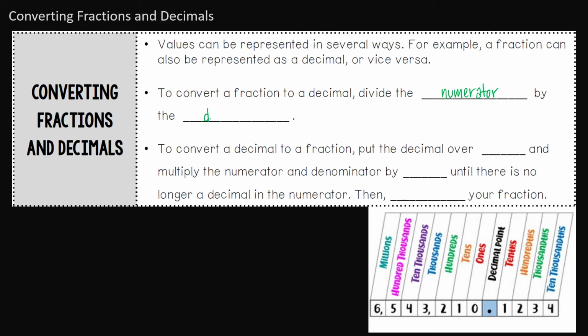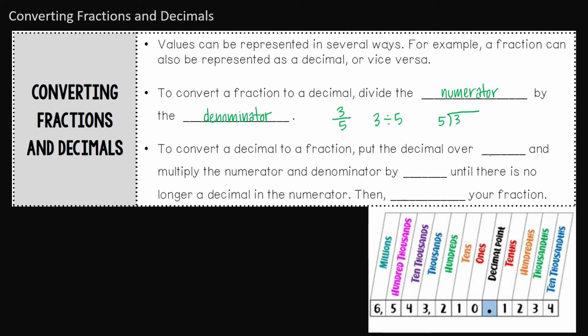And remember, the denominator is the bottom part of the fraction. So for example, if we had the fraction 3/5, that means we are going to be dividing 3 by 5. And if we were going to do long division, which we will, it would start out like this: 3 divided by 5.